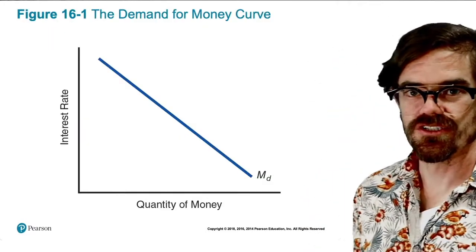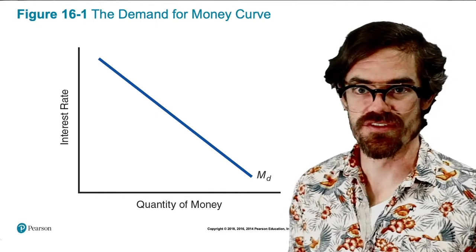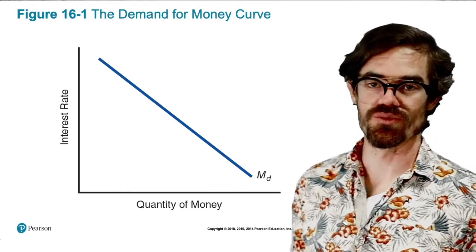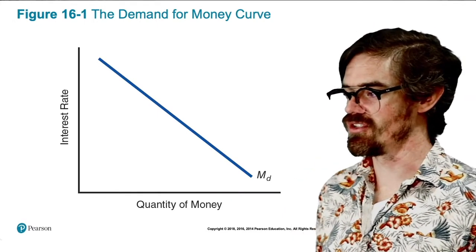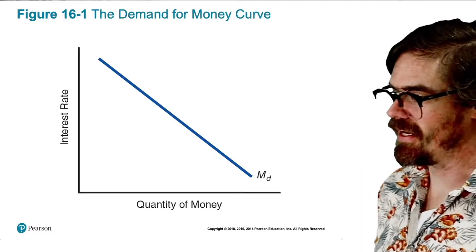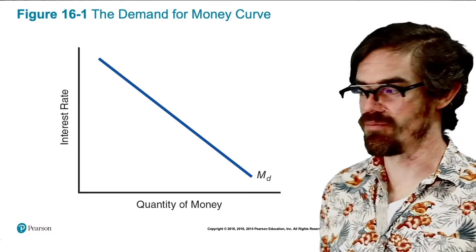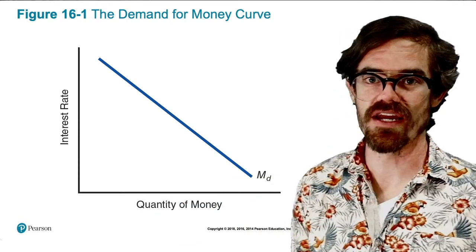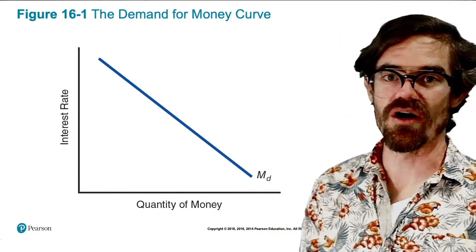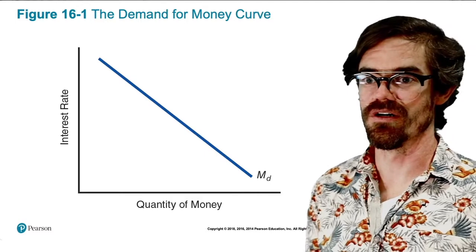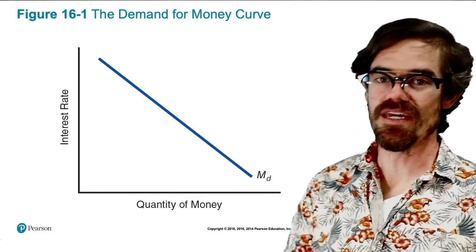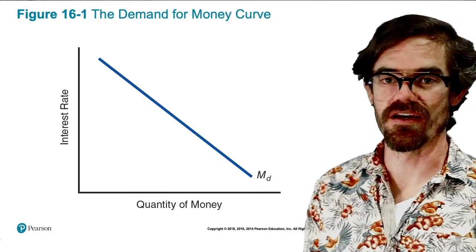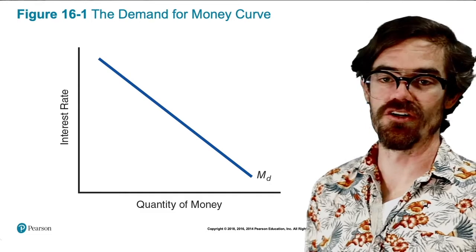Just like all the other demand curves we've seen, the demand for money is really no different. It's a downward sloping curve, and we still have quantity and price here. Remember that the interest rate is simply the price of borrowing or lending money, or in this case, keeping your money in something other than under your mattress.